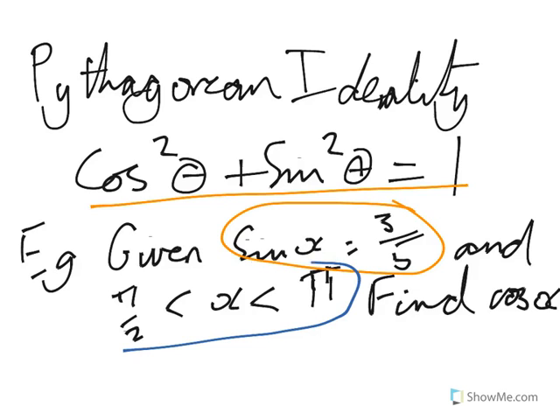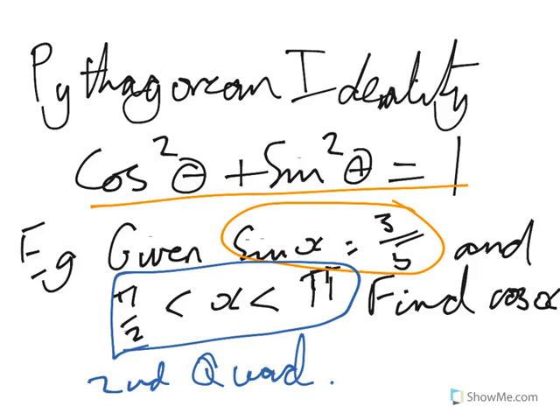We've got this bit of information here, which we're going to use later, but that tells us that angle x is between pi on 2 and pi, which hopefully you've already recognised as the second quadrant. The second quadrant, of course, when we're relating to cos, is negative, so we will use that later.